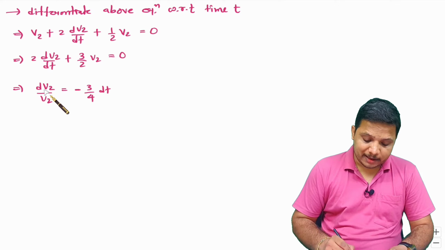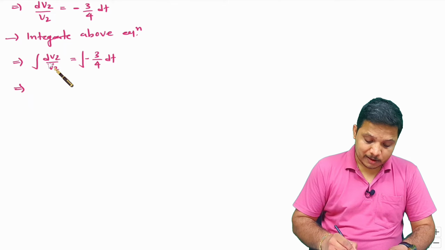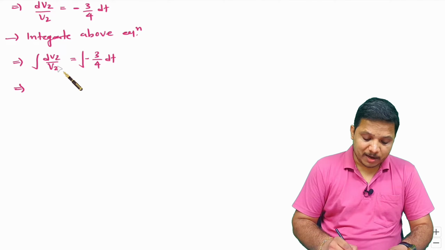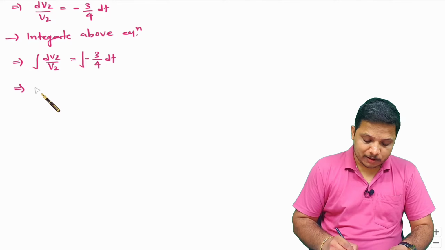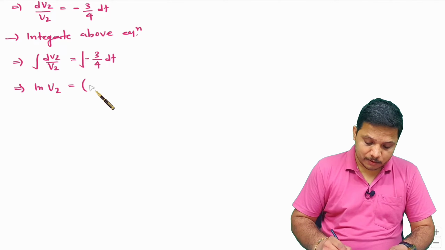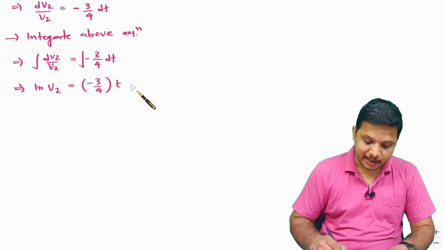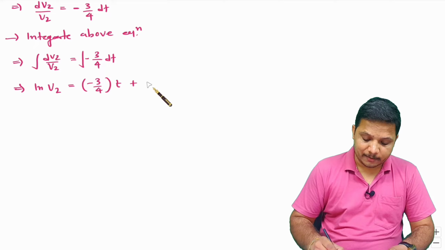And now we can integrate this term so that we can have solution of V2 in terms of time t. Now integration of 1 by V2 with respect to V2, that will be ln V2, and that is equals to minus 3 by 4 is constant and one integration is t, and plus constant is there.